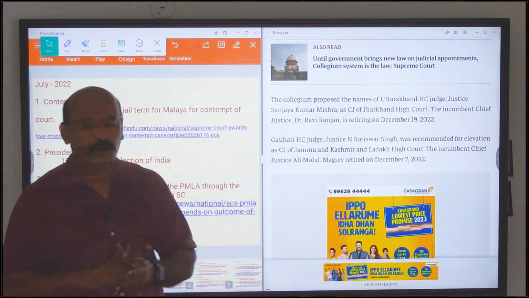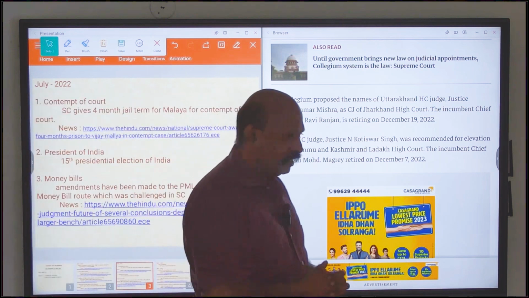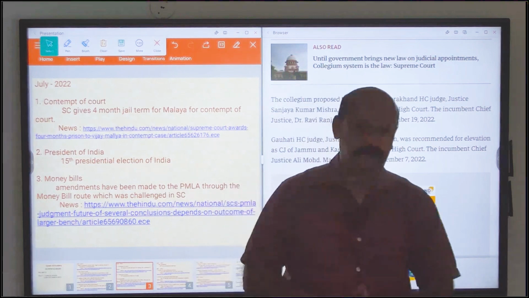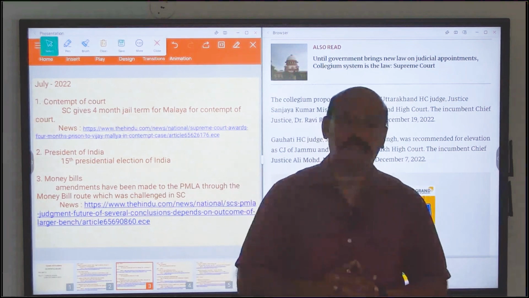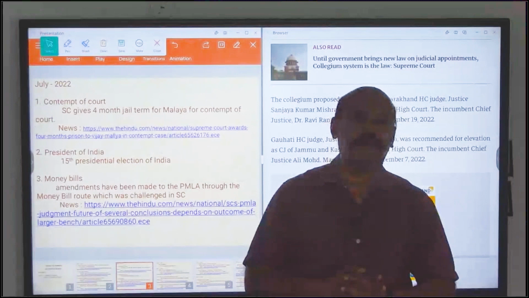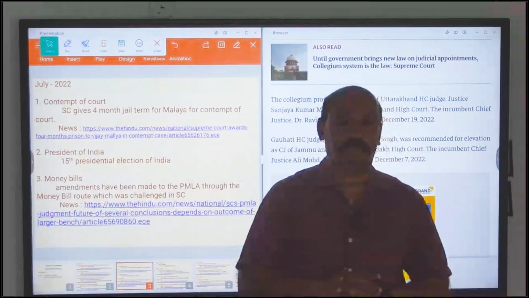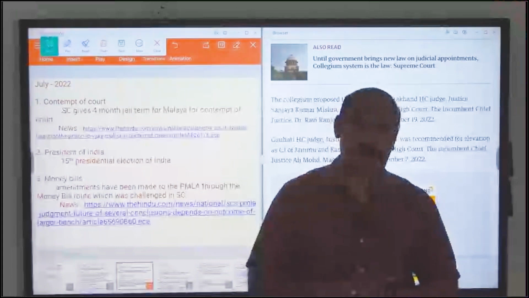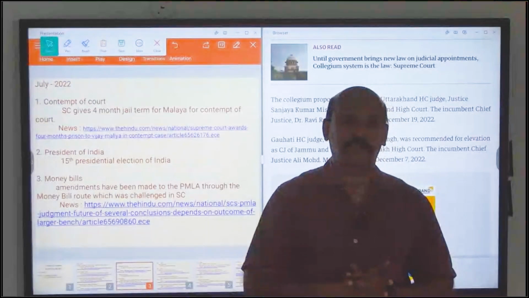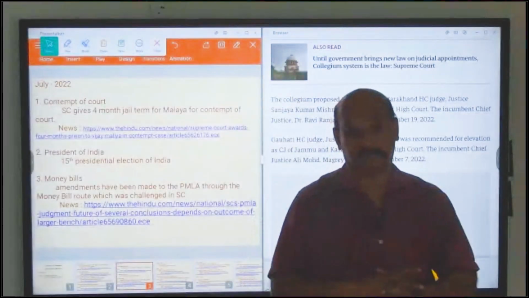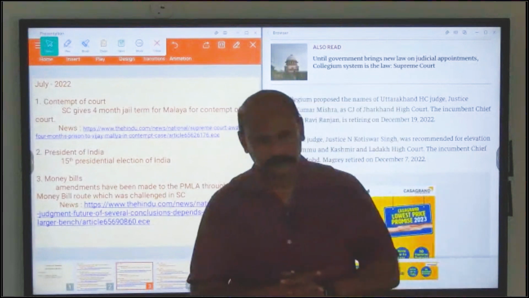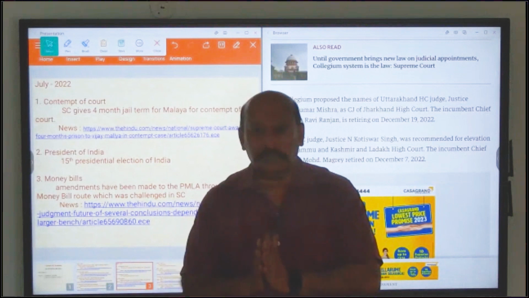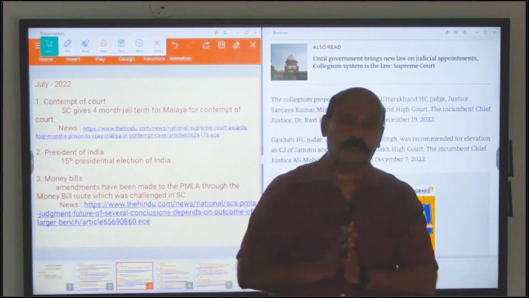So the value of the votes of MLAs calculated for each state will be summed up. That in turn will be divided by the total number of elected seats in both houses of Parliament, Lok Sabha and Rajya Sabha. How many elected members? Lok Sabha 543, Rajya Sabha 238. That's the value of the vote of an MP.